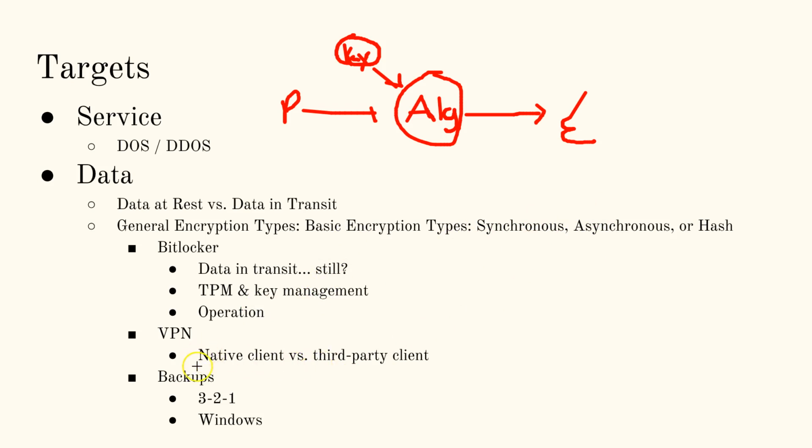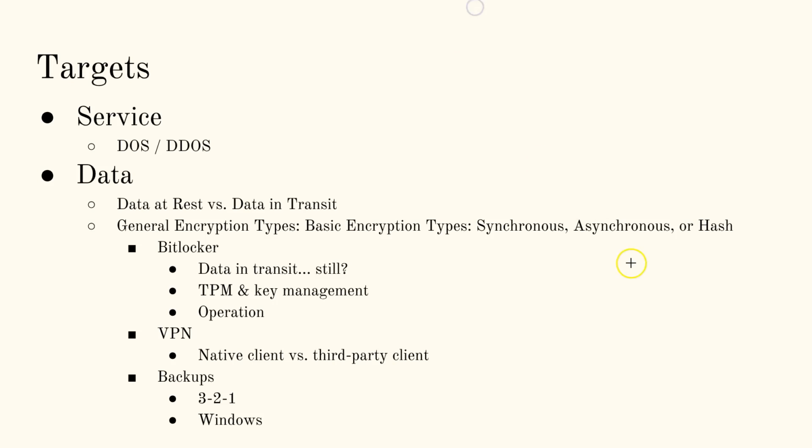All right. So we have VPNs. A VPN creates a tunnel, and it's going to be node to node. Any data going to or coming in from this node is going to be encrypted.